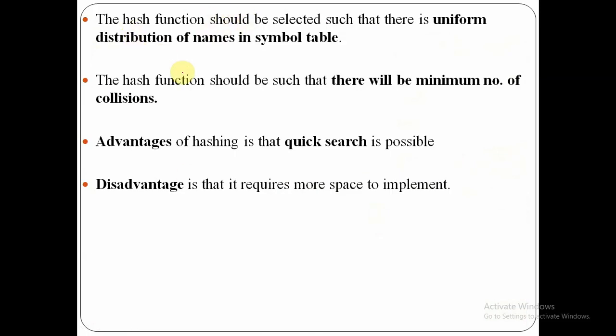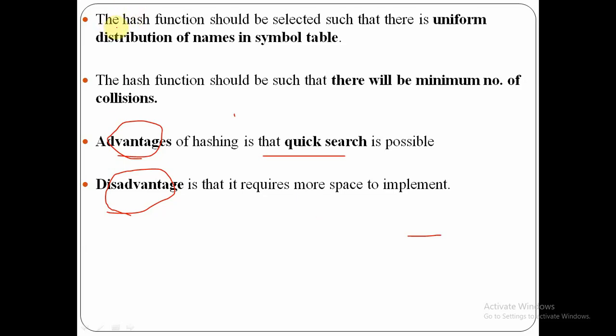Here the main advantage of hashing is that searching is efficient. Insertion is also an easy task, but the drawback is that it requires more space to implement. I have to maintain the information about hash values as well as symbols, so you require two tables' space instead of one table's space.